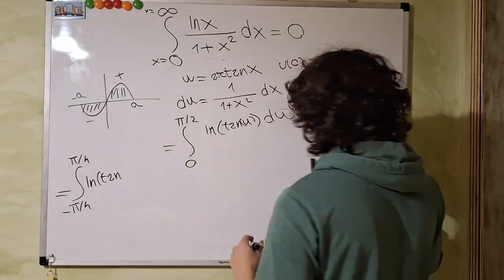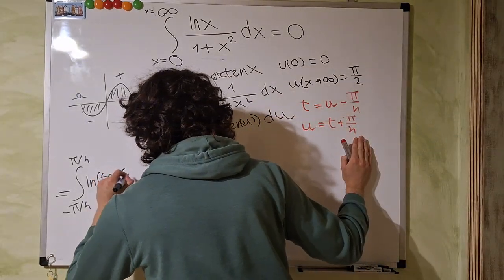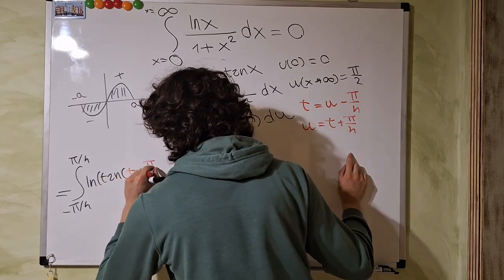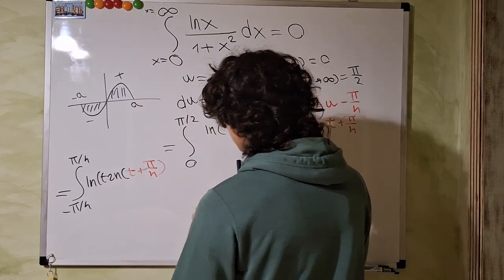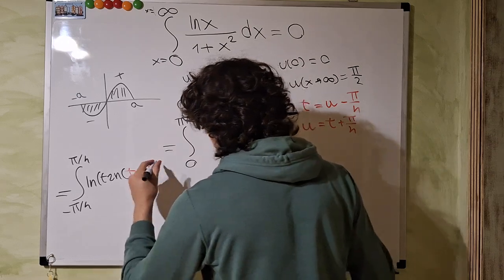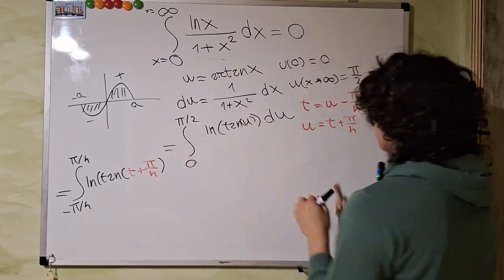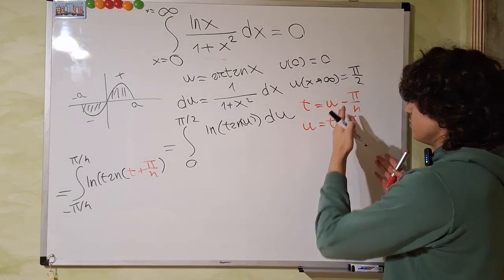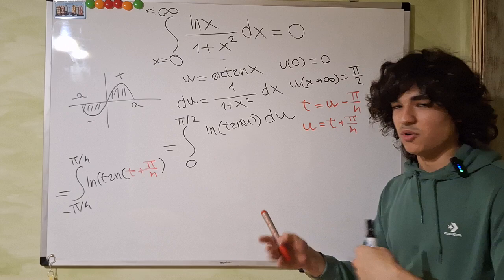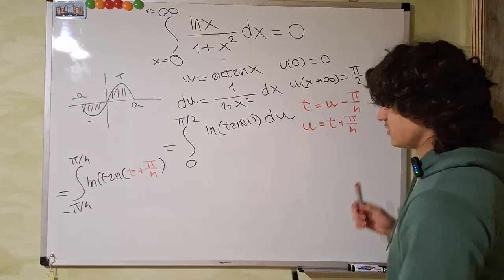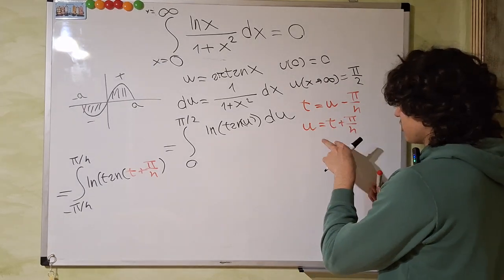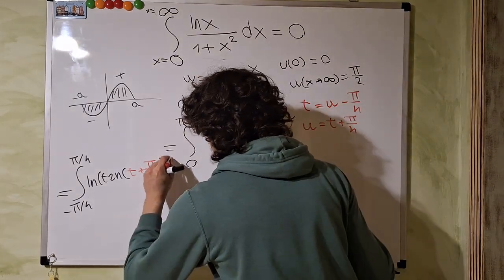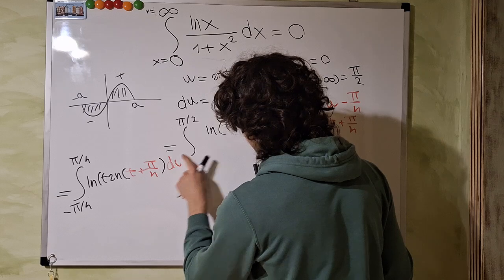Let's do the substitution. So tangent of t plus pi divided by 4, and du. Now, what is du? dt equals du, because we're just moving the function around. The differential doesn't change if you differentiate this expression. You find du equals dt. So let's just change this to a nice dt.